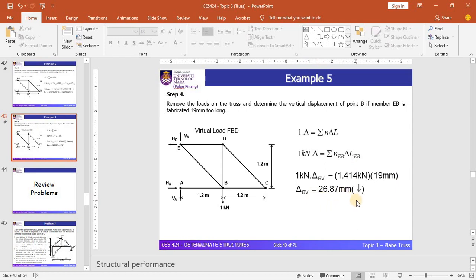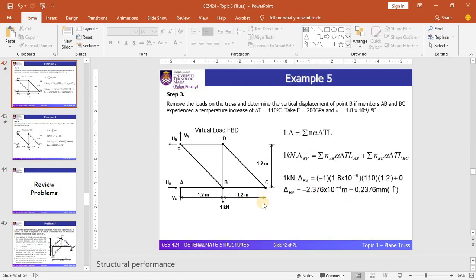We got a positive value, meaning the displacement due to the fabrication error is in the same direction as our assumption of one unit load downwards. In the temperature effects case, we assumed one unit load applied downwards, but in the final answer we got a negative value, meaning it is opposite to our assumption.